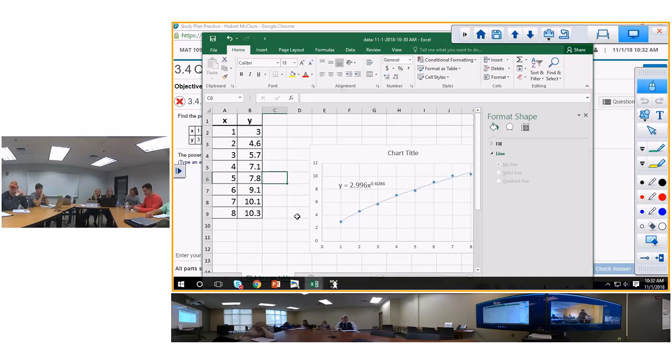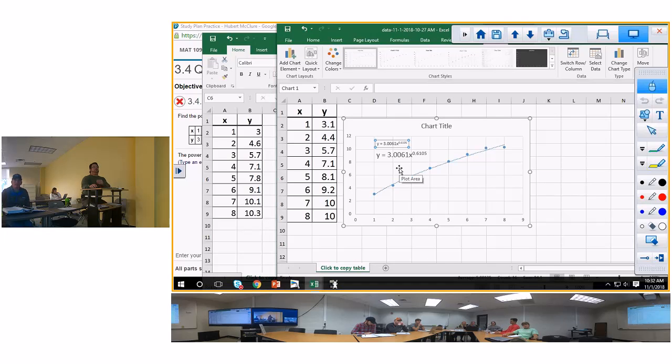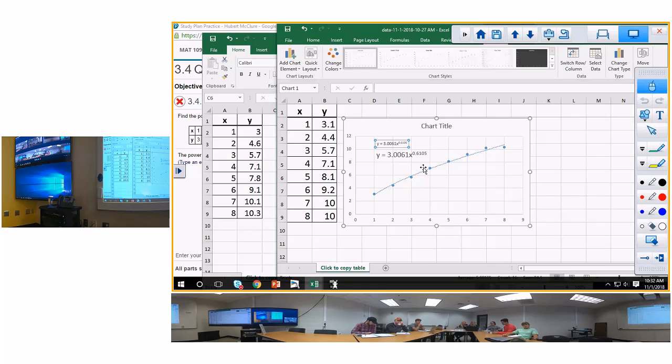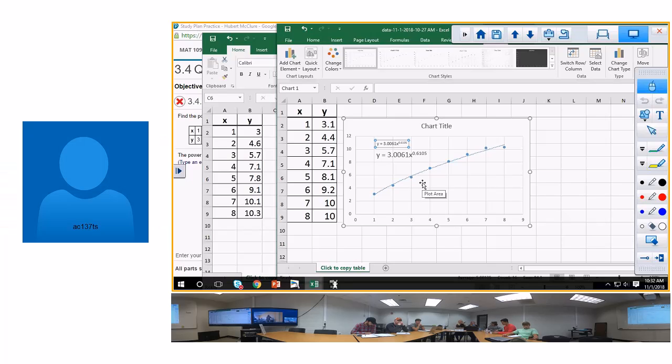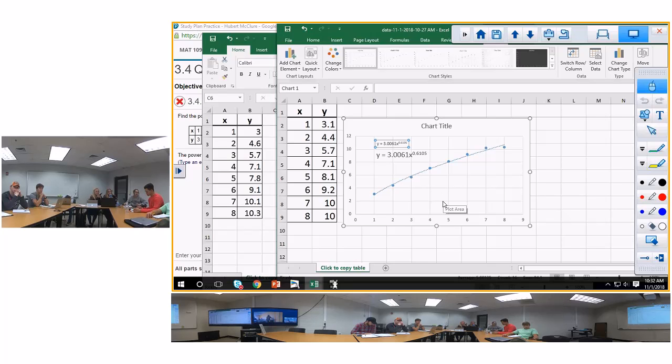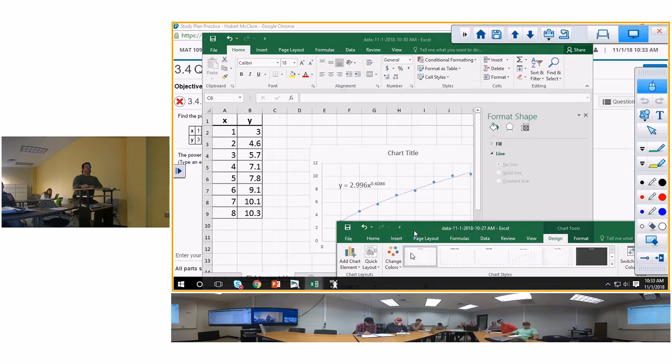Sorry. There's the last problem, 3.0061. Okay, we got that right. In the problem it's 10.1 and 10.3 at the bottom, but you had 10 and 10. Okay, 10 and 10 was the other problem. This is the redone problem right there.